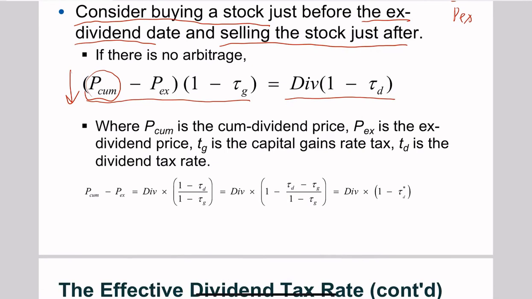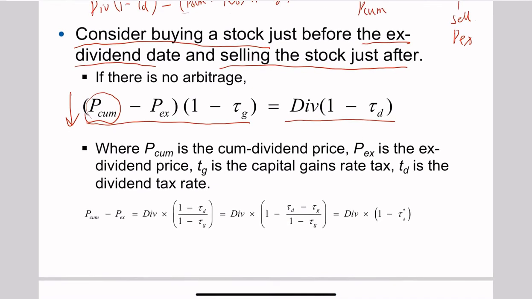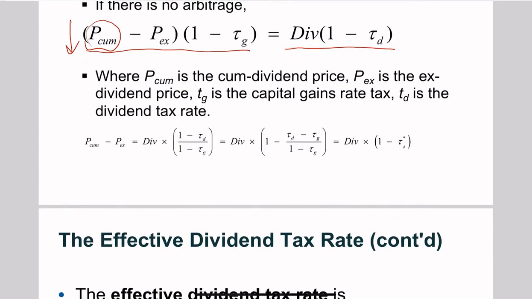Okay. Now, after getting this no arbitrage result, we can finally define the effective dividend tax rate. What we will see here is really a very simple mathematical manipulation. So you can find out PCUM minus PEX times 1 minus the capital gain tax rate equals the dividend times 1 minus the dividend tax rate.